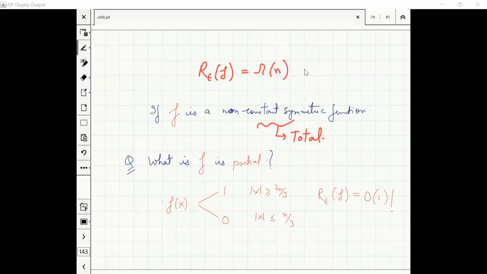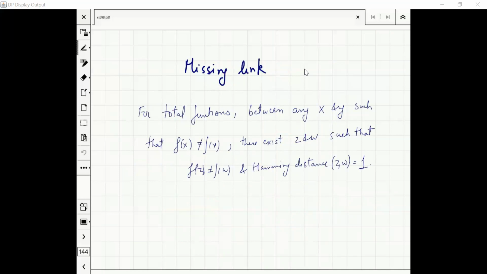Again, the behavior changes drastically if we reduce from total function to partial function. In most of these proofs, just for your intuition, what is true for total functions is that if you pick any two inputs x and y such that f(x) is not equal to f(y), in the Boolean hypercube there will be a path between x and y.